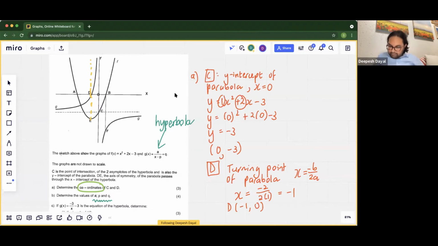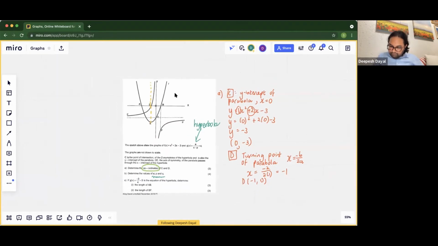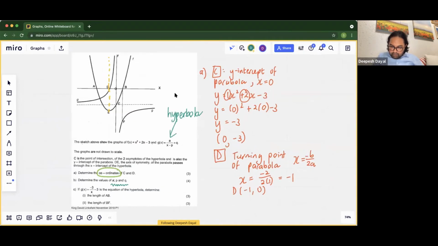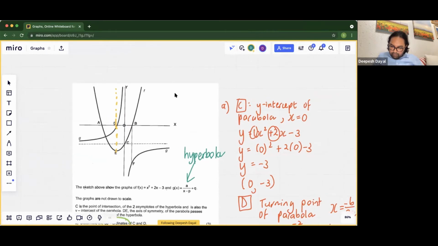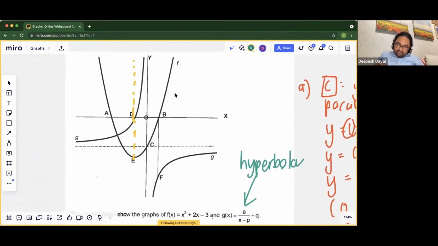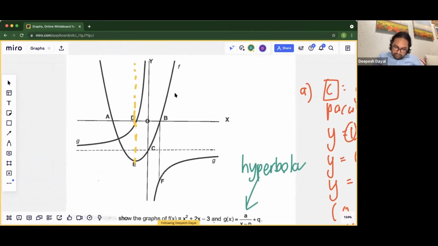Okay, let's look. I want to find A, P, and Q, right? So if you look at this graph here, what are the asymptotes? Now, the asymptotes here, we said C was -3, if I remember correctly. So this is y equals -3. And here they say that the asymptotes intersect, so this one here is actually intersecting with 0.